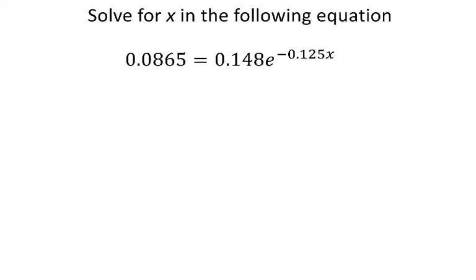Okay, in this final example, now the x, the variable I'm solving for, is in the exponential. And so what we want to do in these cases is first isolate the exponential, and then we'll get rid of it by taking the natural log of both sides. So the first thing I want to do is divide both sides by 0.148.